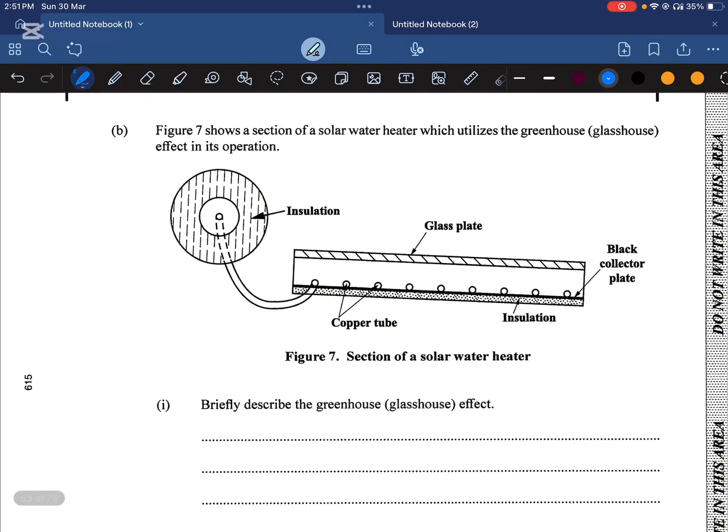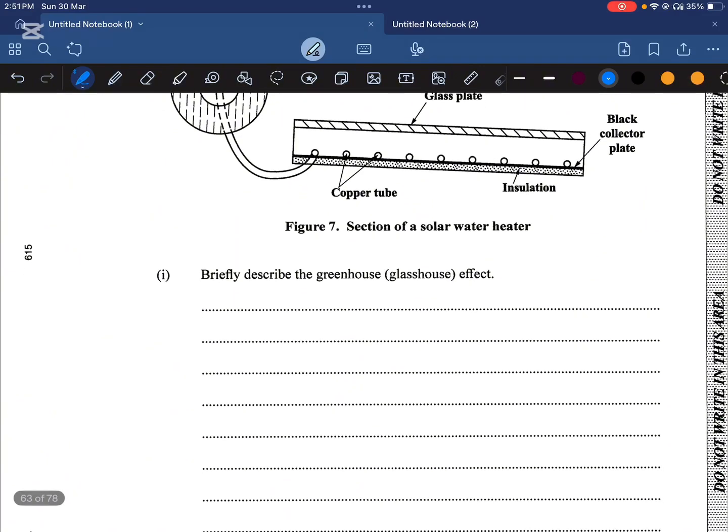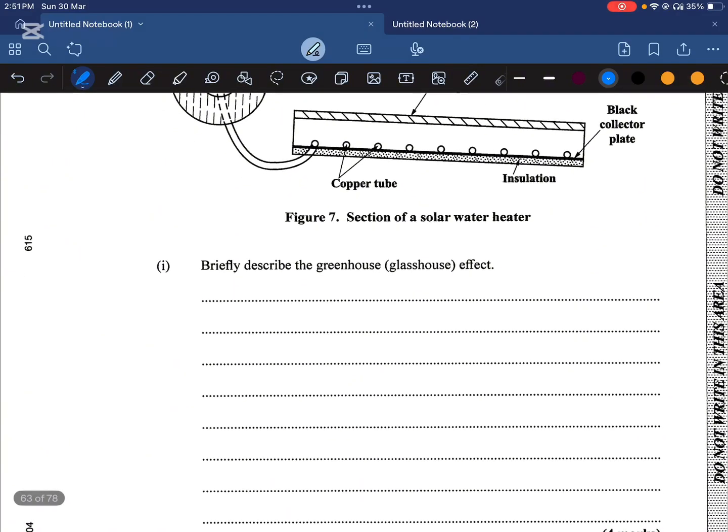Next, part B. Figure 7 shows a section of a solar water heater which utilizes the greenhouse effect in its operation. Briefly describe the greenhouse effect.